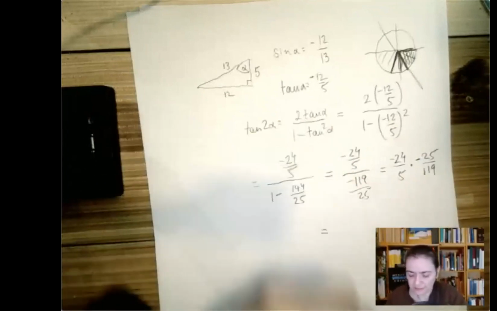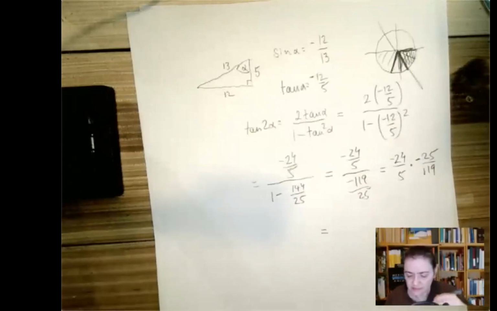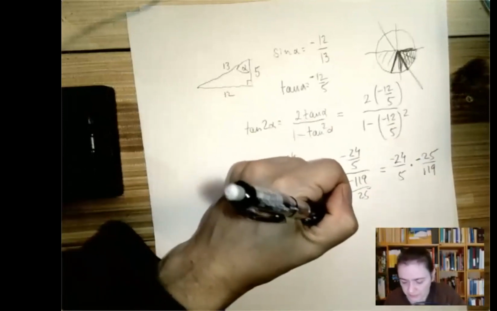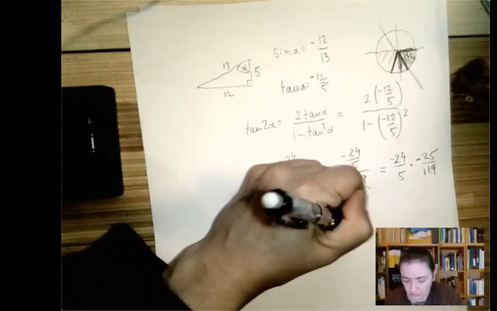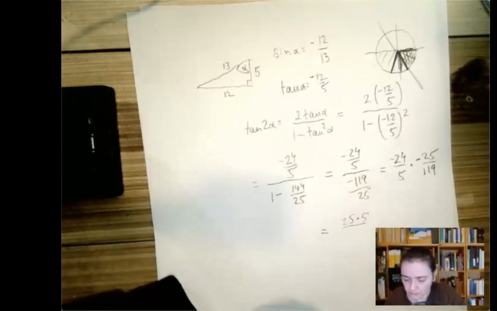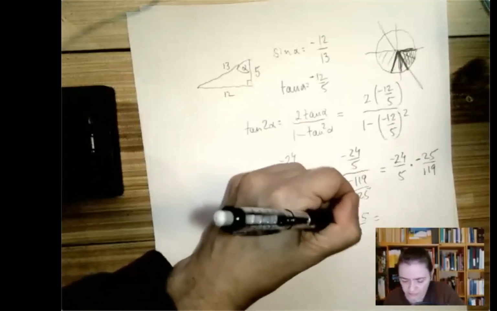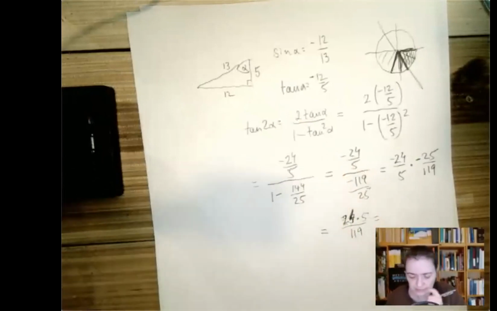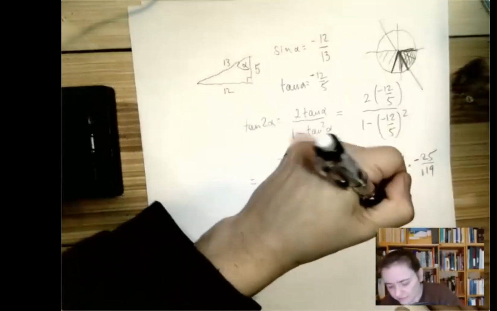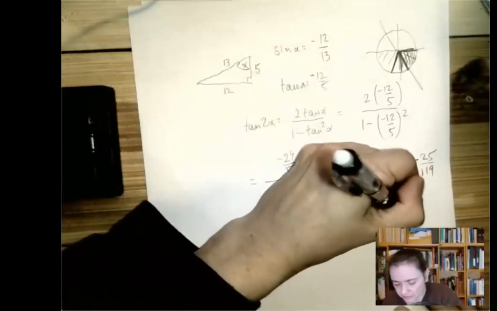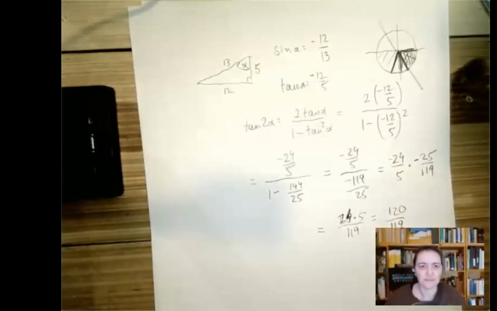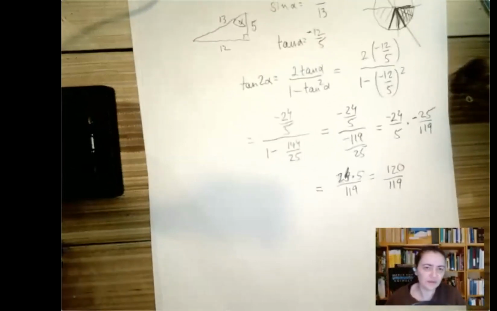So the 2 negative signs disappear, and we get 24 times 5 over 119, which is 120 over 119. I panicked for a second because 120 over 119 is too big to be a sine or a cosine, but this is a tangent, so we should be okay.